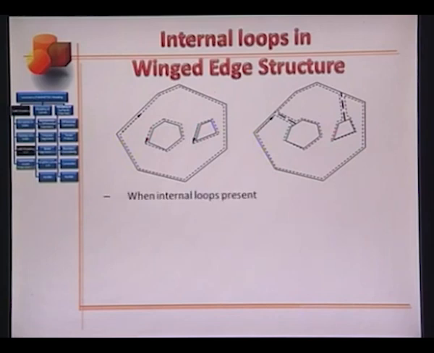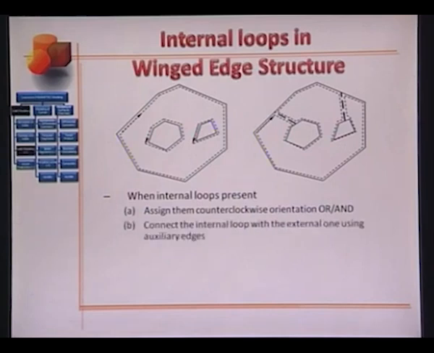When internal loops are present, we assign them counterclockwise orientation, and we connect the internal loops with the external loop using auxiliary edges. In this figure, for example, these are the two auxiliary edges.